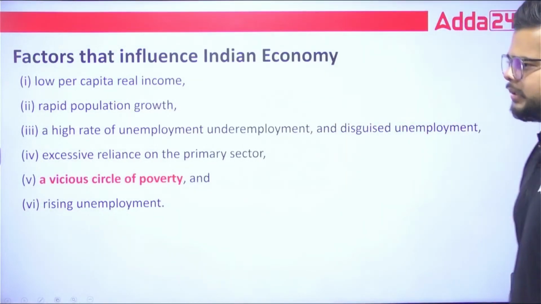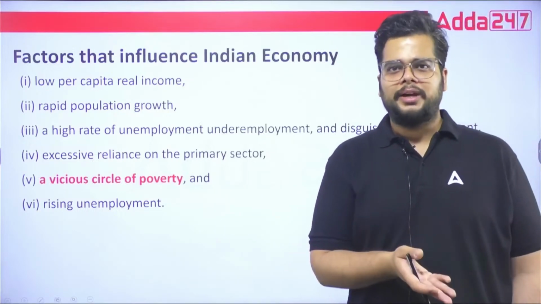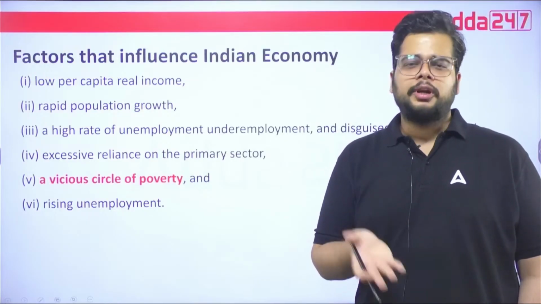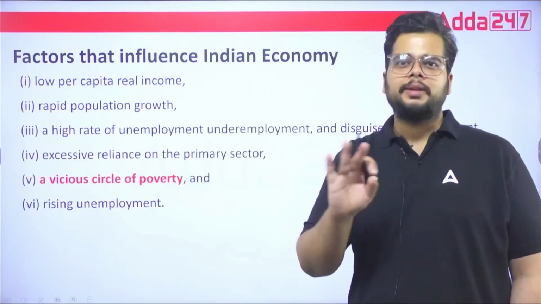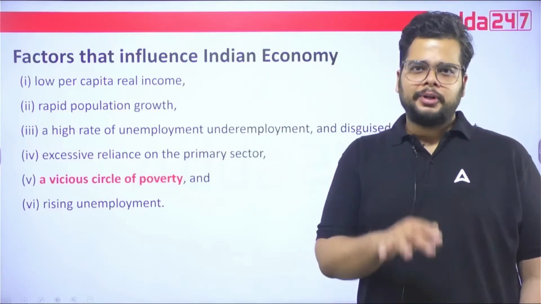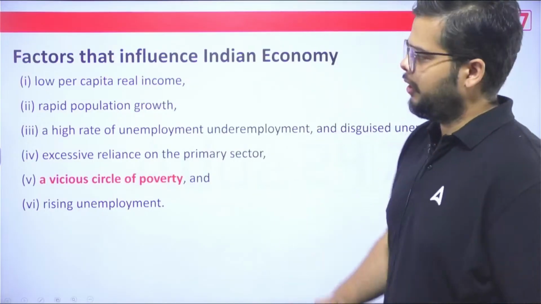Disguised unemployment: the requirement is not for 10 people to do a particular job, but still you have employed 10 people and the actual number should be 7 only. So those 3 people who are doing a job which is not required at all in that particular scenario will be termed as disguised unemployed.